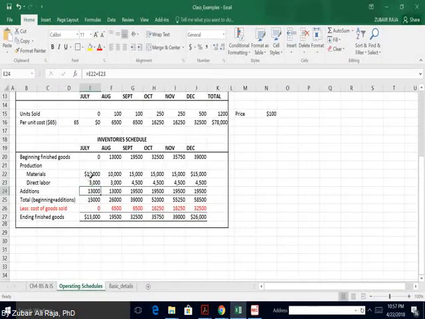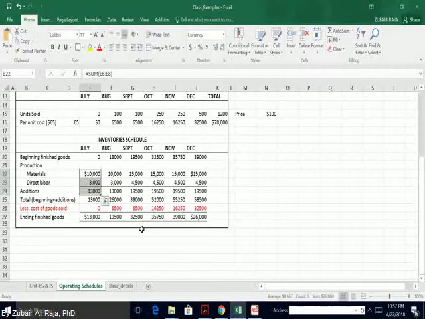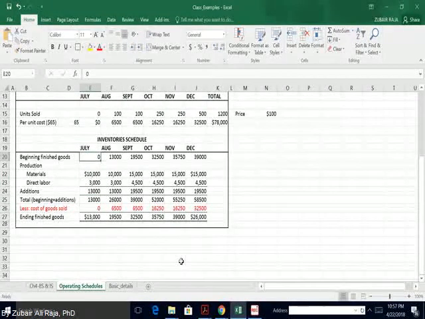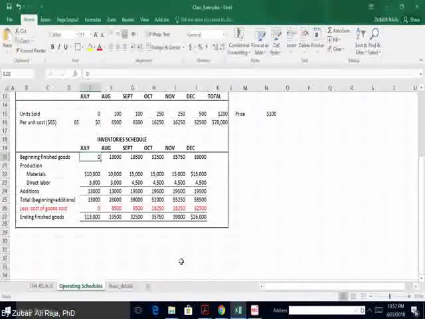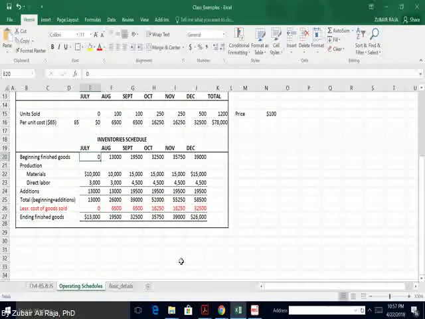Now what is the beginning finished good inventory? This is the finished good inventory during the month of July. If there is something in the beginning, you need to add it for the available finished goods inventory during the month of July. But remember, in July there was no finished good inventory when the month of July started.